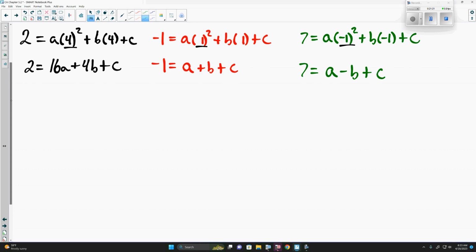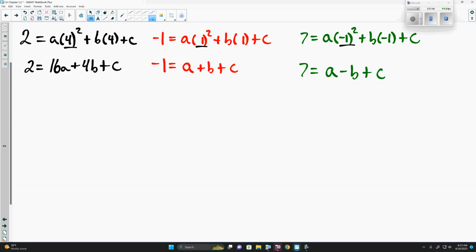So one I would suggest for this type of problem here to eliminate first is c. Now we do need to pick one of these 3 equations to be the eliminator equation, the one we use to eliminate c out of. Do we want to use the first, second, or third? No matter which.